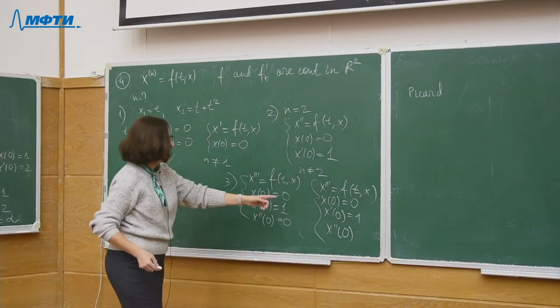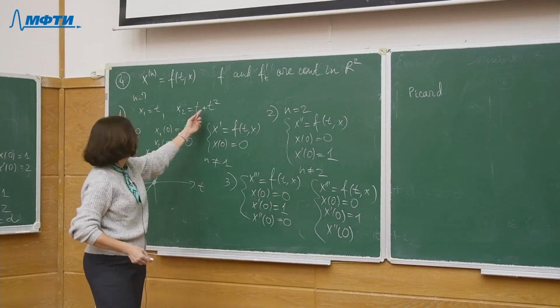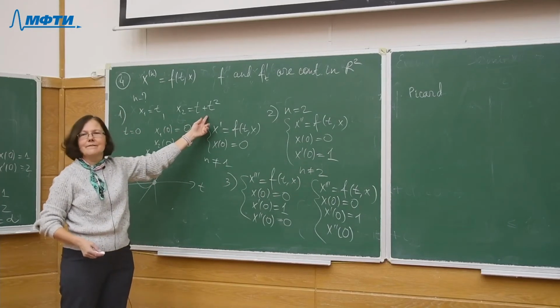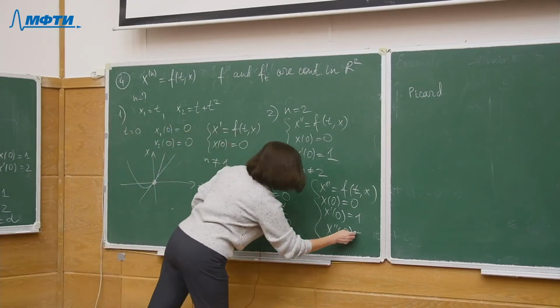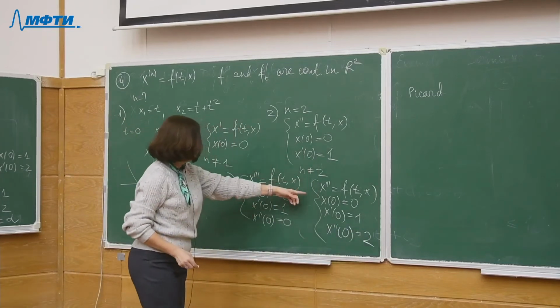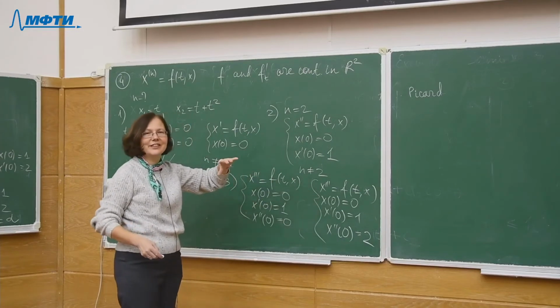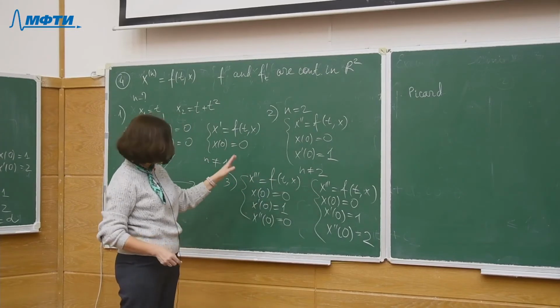What is x double prime? Let's find the second derivative of this function. It is 2. Okay, so the second function satisfies this initial condition, so it doesn't contradict the Picard-Lindelof theorem.